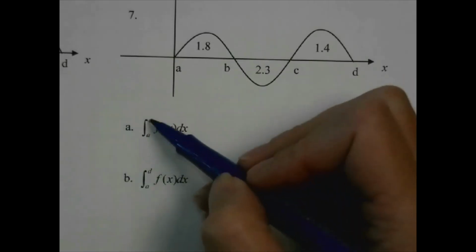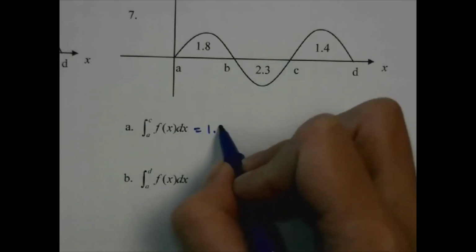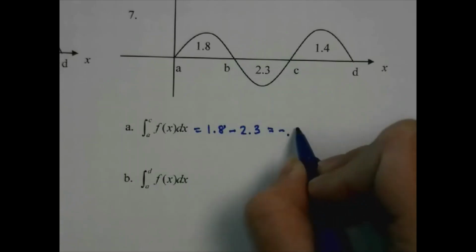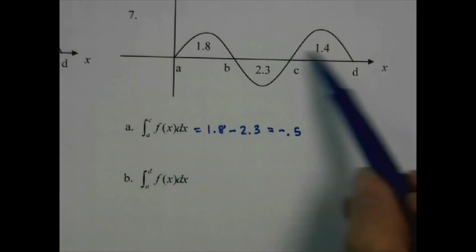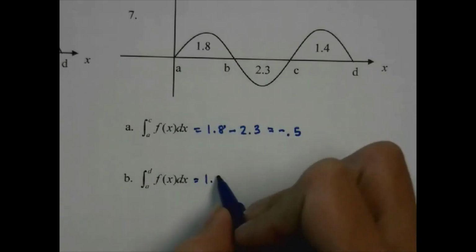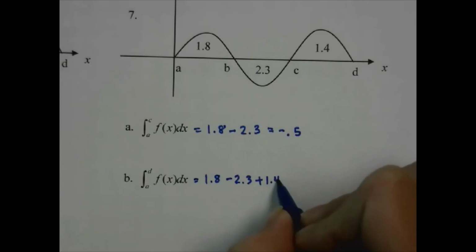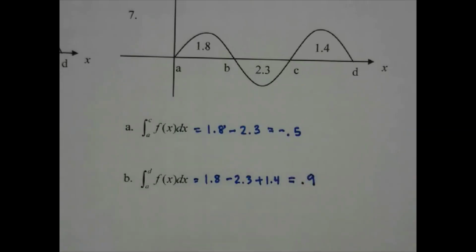So we want the integral from a to c. So a to c is going to be 1.8 minus 2.3, which is going to be -0.5. From a to d is going to be 1.8 minus 2.3 plus 1.4, which is 0.9.